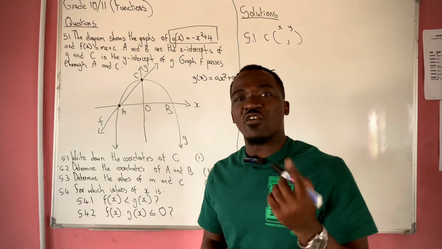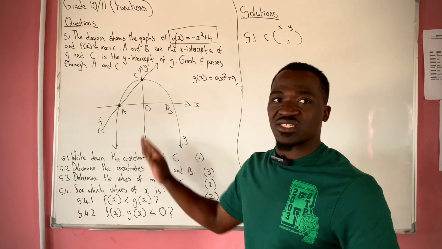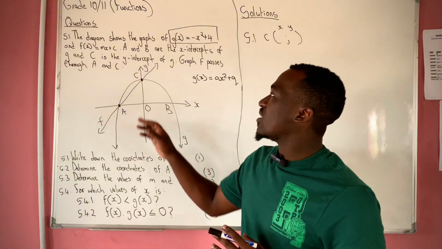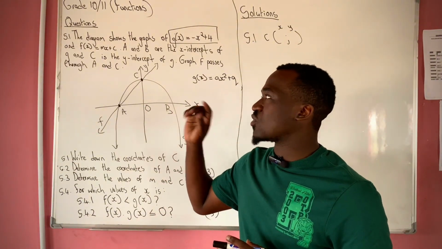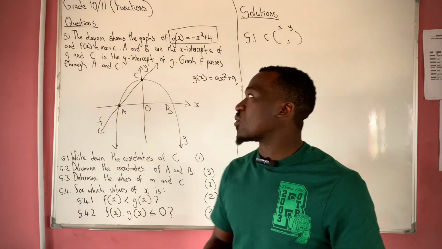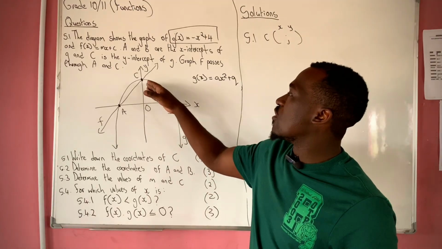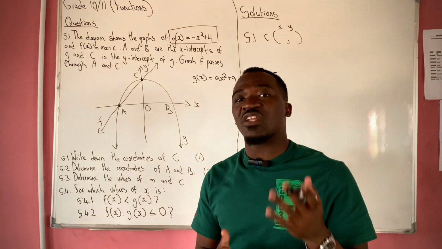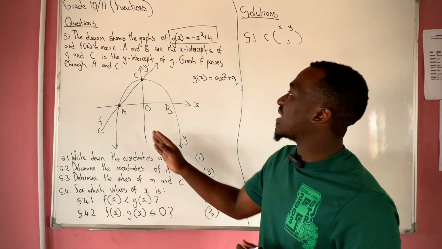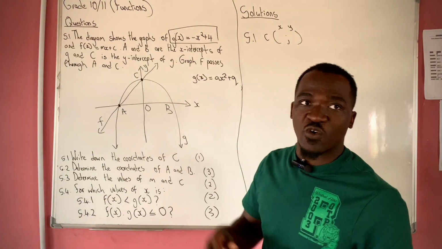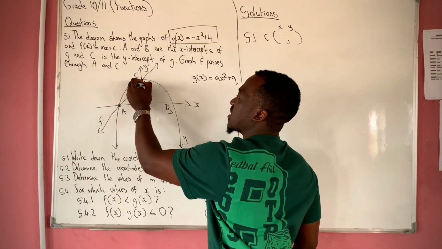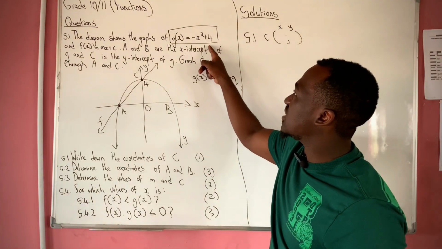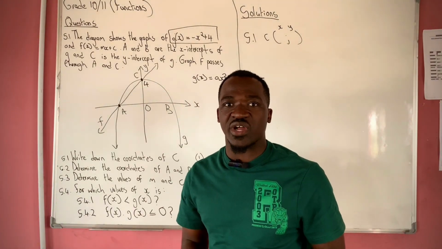The value of the y-intercept on the y-axis is supposed to be the value of q there, which is 4. Here, the point is 4, as stated in this equation, right?